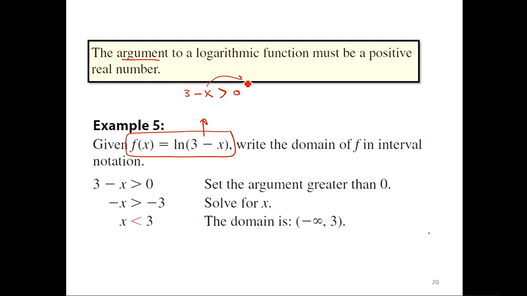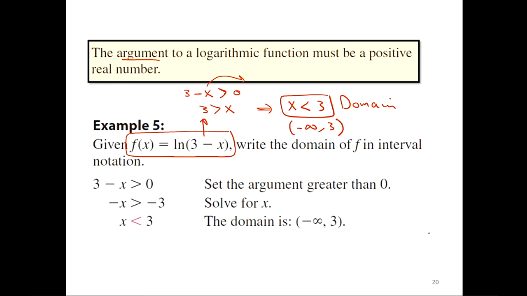Now, move the x to the other side, so we have 3 greater than x. So we can conclude x less than 3. This is the domain. x must be less than 3, or from minus infinity to 3, like this.